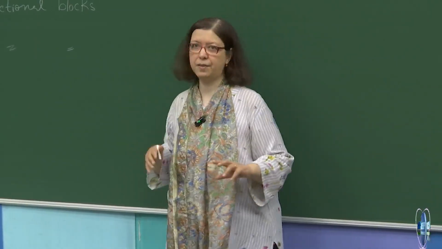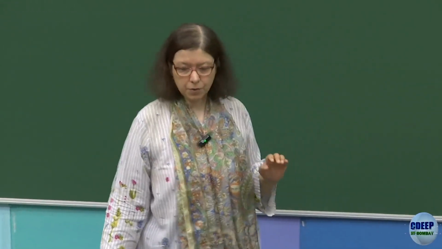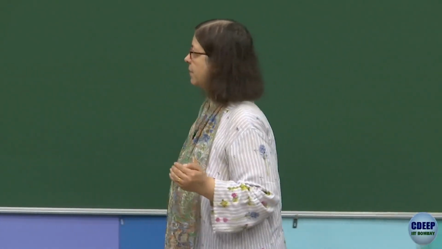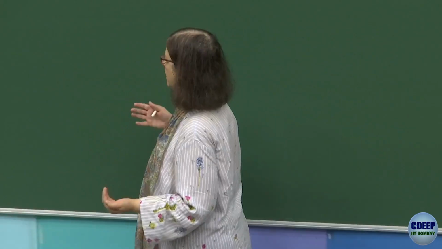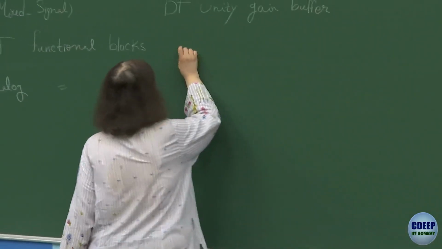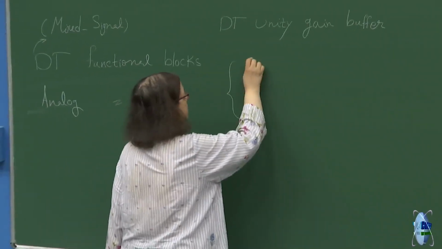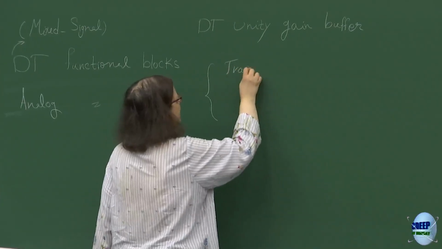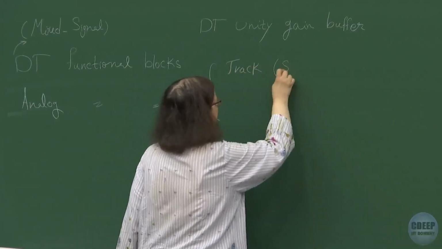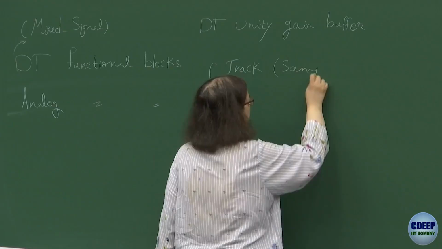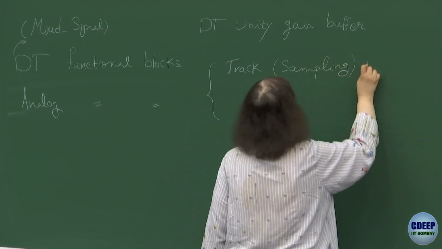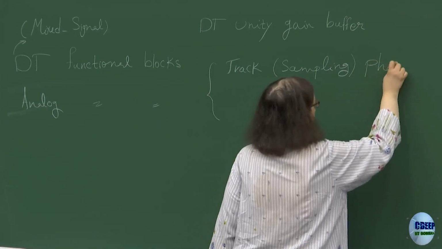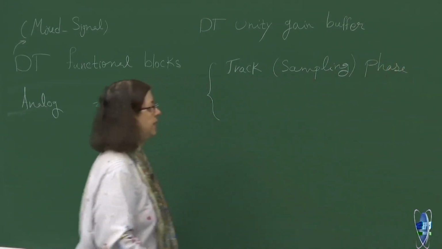between the two domains. But you notice that for the analysis, we need to assign, for example, what the clock phases were. One was the track phase or sampling phase, and that more often happens. In fact, in discrete time you always need to have some kind of track or sampling phase. And then you have another phase.